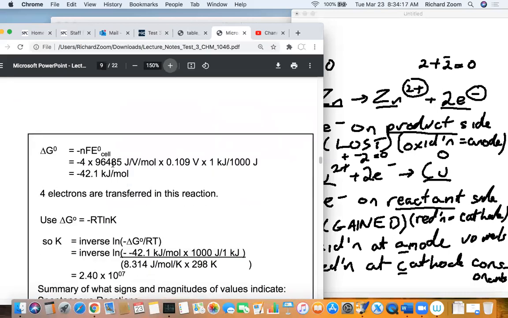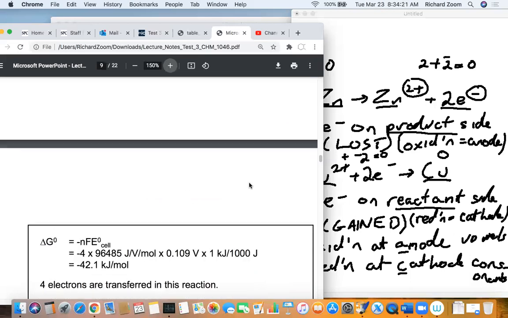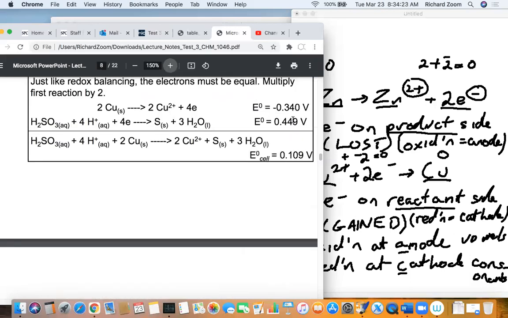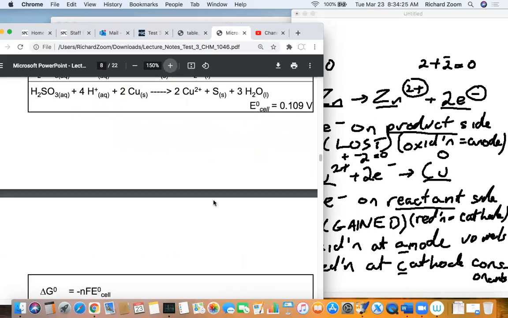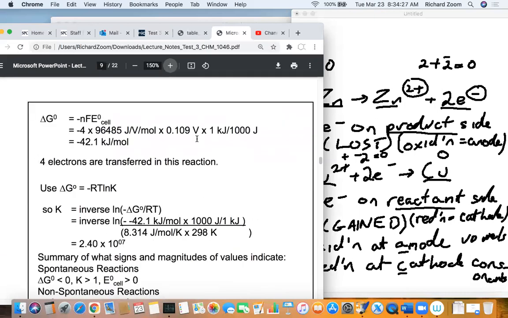The F is the Faraday constant, and the E naught cell is what we calculated by adding the 2 E naughts together from the half reactions. That produces a value in joules, and you can convert that into kilojoules by multiplying by 1 kilojoule over 1,000 joules, which produces this many kilojoules per mole. So that would be the delta G naught.